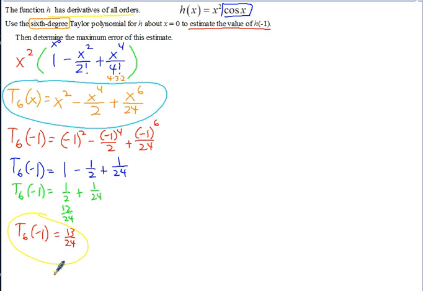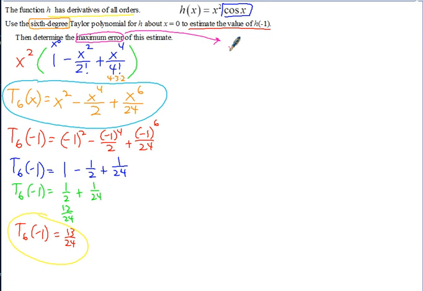And notice this one actually is an alternating series, so it does ask us to find the maximum error of this estimate. For the maximum error, remember, since it's an alternating series, we would use the next term that we didn't use in the 6th-degree Taylor polynomial.